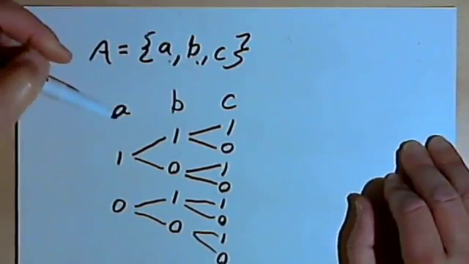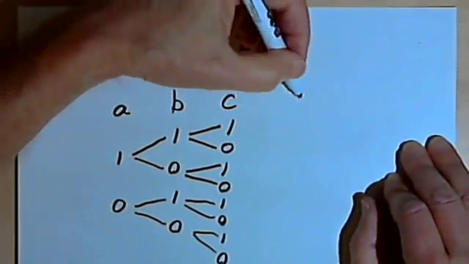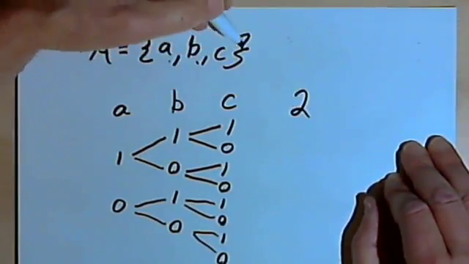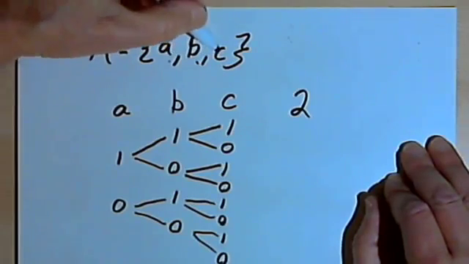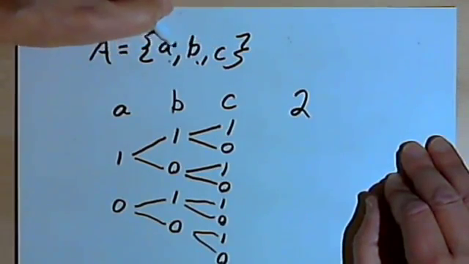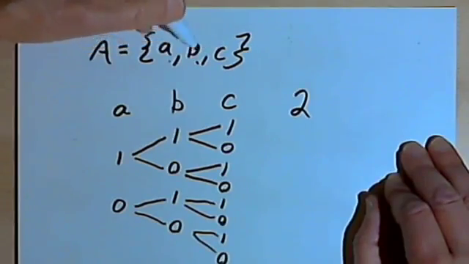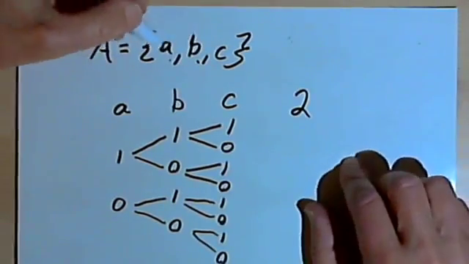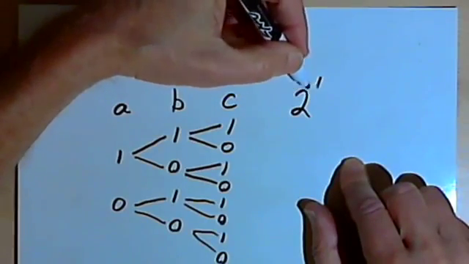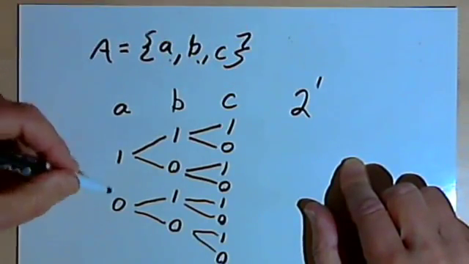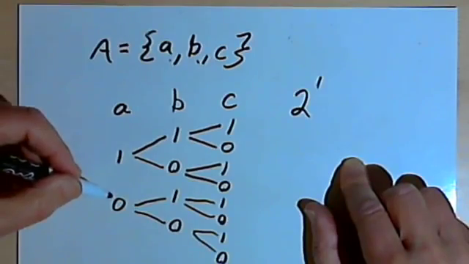A simple way to say this is that I can take the number 2 and raise it to the power which is the number of elements in the set. In other words, I could raise it to the cardinality of the set. So when I had only 1 element, I would have 2 to the first power, and that equals 2, and there were 2 possible subsets.